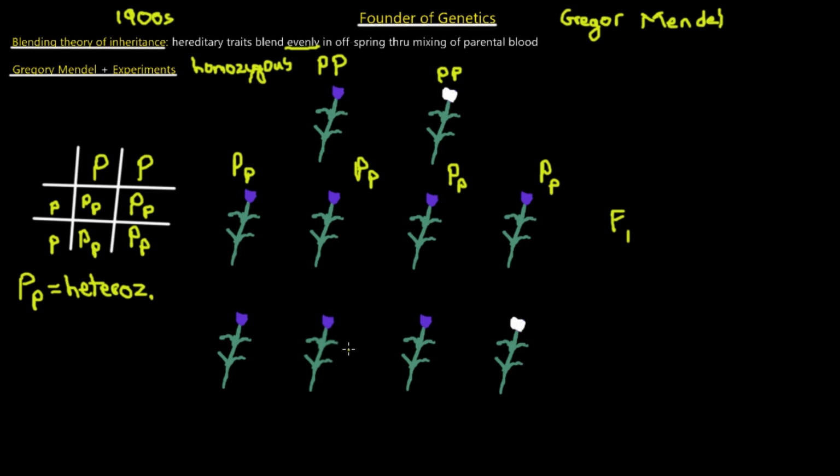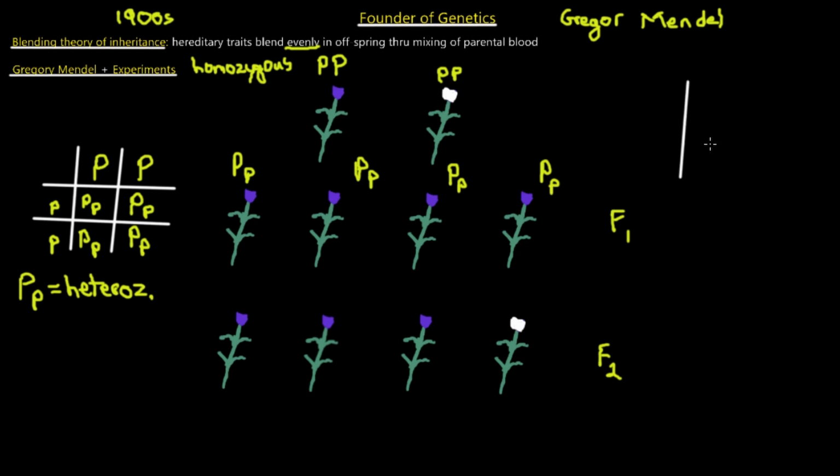So there were typically three purple for every one white. So the allele reappeared in the second generation. So this would be the F2 generation. And the allele reappeared. Now let's take a look at the crossbreed between these and see why it reappeared.